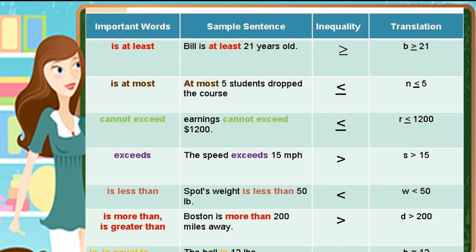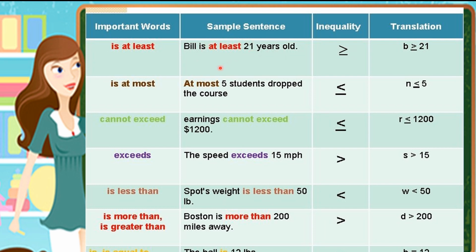Then, ito naman yung ating number 3 objective. Identifying the important words, and sample sentence, and the inequality symbol and the translation. So, laging tatandaan, ito yung first important word. So, is at least. So, gamitin natin siya sa sample sentence. Bill is at least 21 years old.